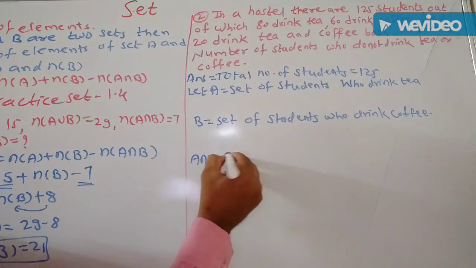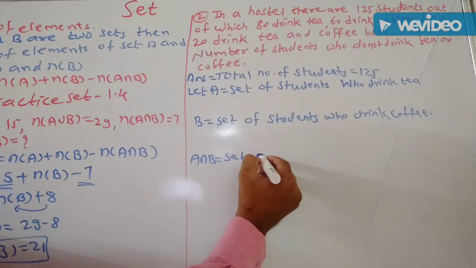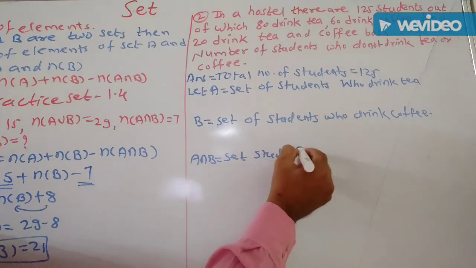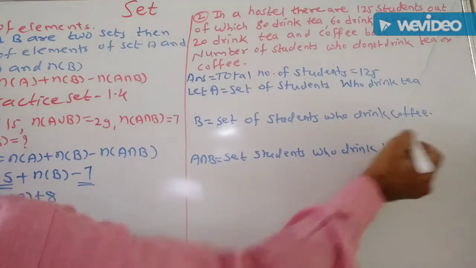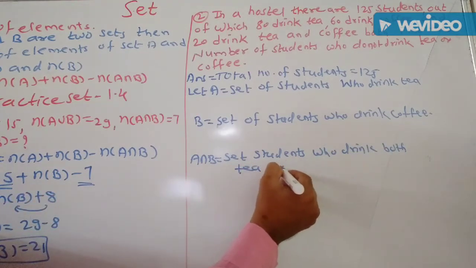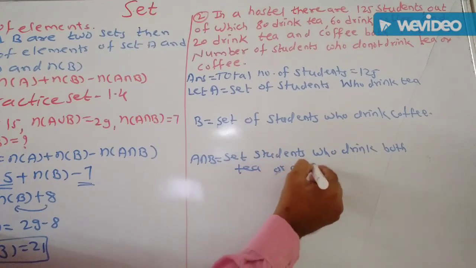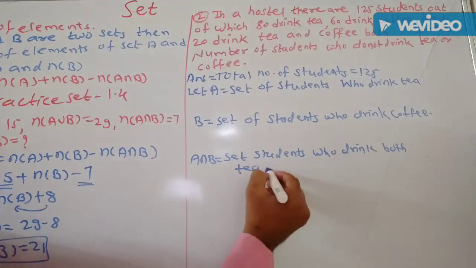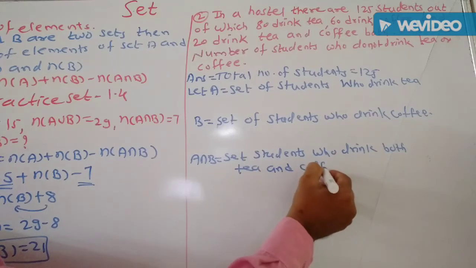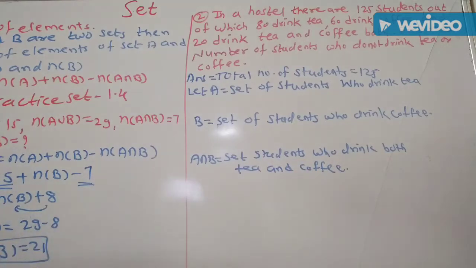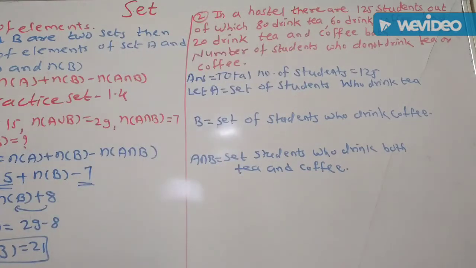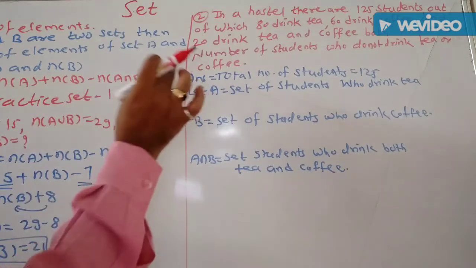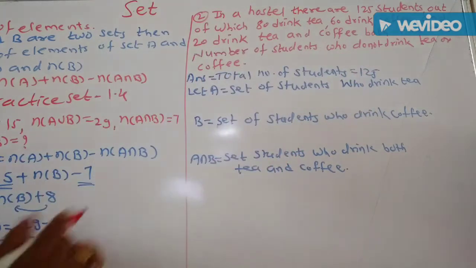A intersection B we take as the set of students who drink both tea and coffee. And then we have to find the number of students who do not drink tea or coffee. Then we take the answer. Total number of students are 125.